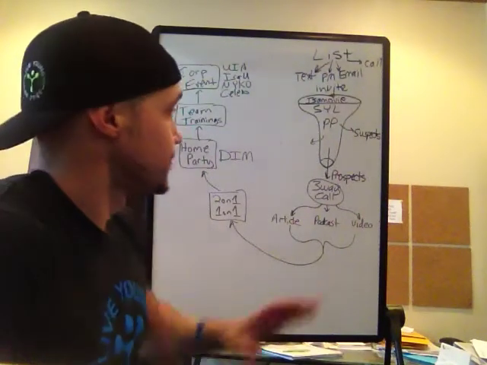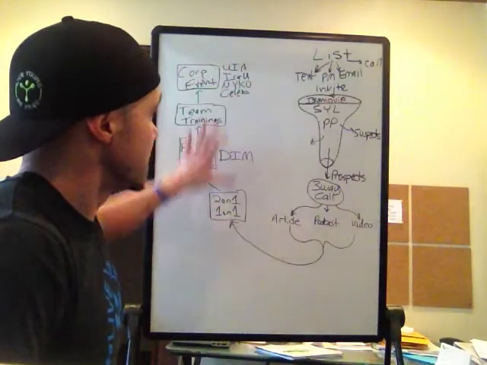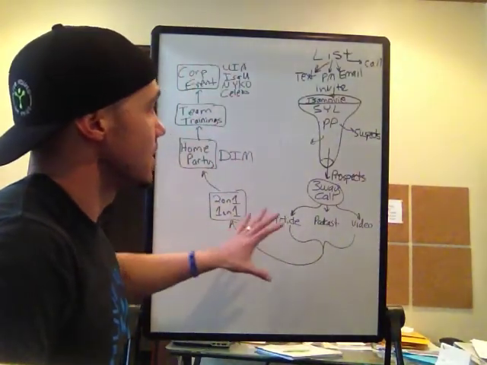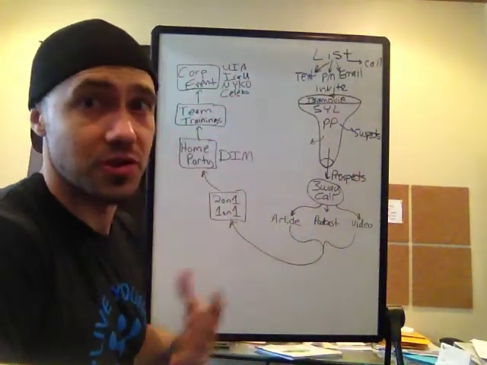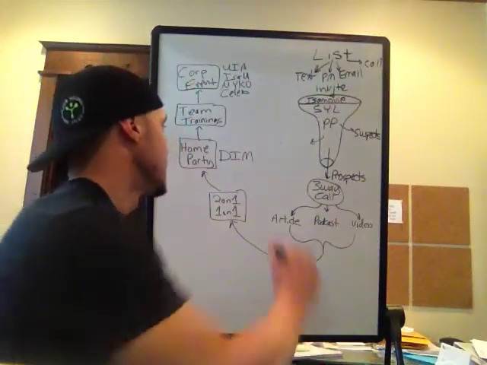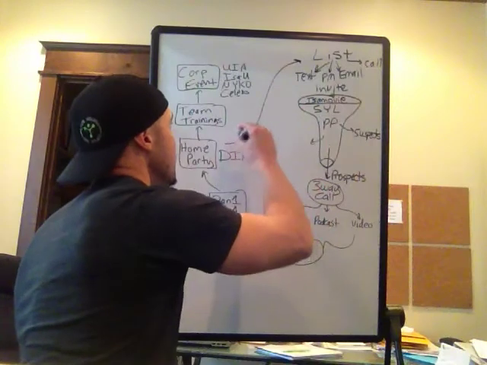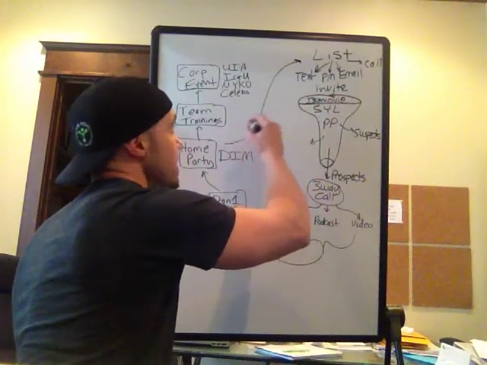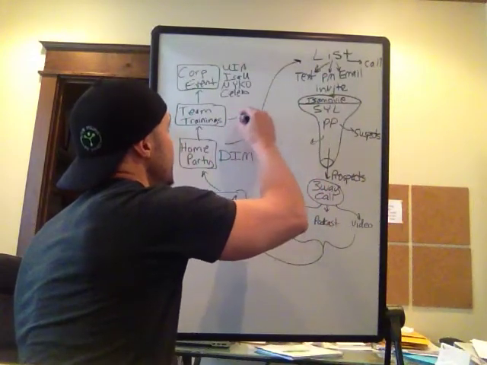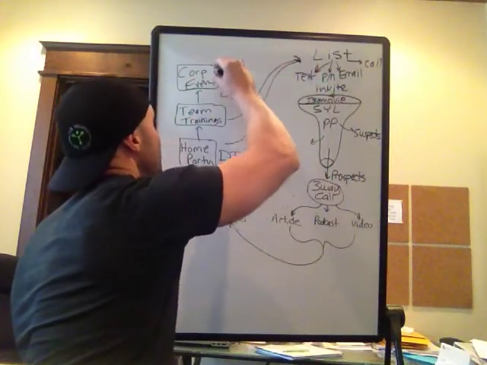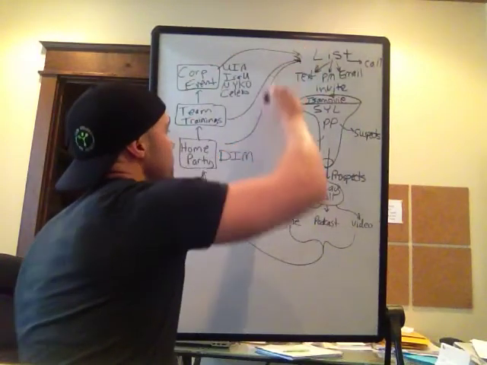Okay, guys, so from these steps here, a lot of times these people will want to start sharing this with other people, and so it may be from the home party, they want to have their own home party, or they want to start sharing it with some friends or inviting people. From a team training, they might decide they want to start doing that. From a corporate event, they might decide they want to start doing that.